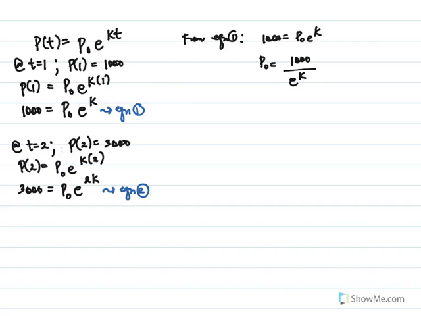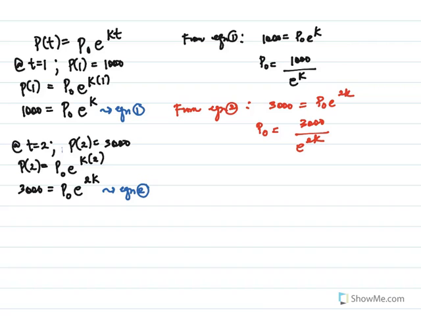And then from equation 2, which is 3000 equals P naught e raised to 2k, we can rewrite and solve for P naught as P naught equals 3000 over e raised to 2k.